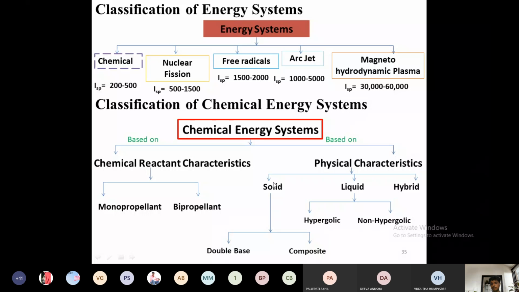So the fuel will be in solid form, whereas the oxidizer will be in gaseous form. In the liquid propellant, fuel and oxidizer are both in liquid form, whereas in hybrid propellant only the oxidizer is in liquid form, whereas the fuel will be in solid form. That is a hybrid propellant.